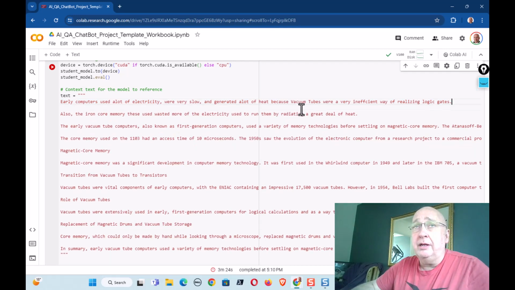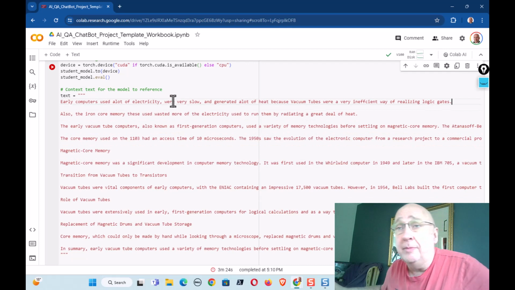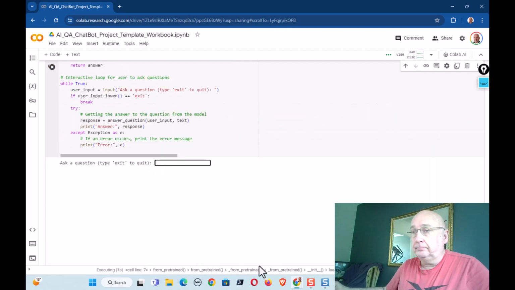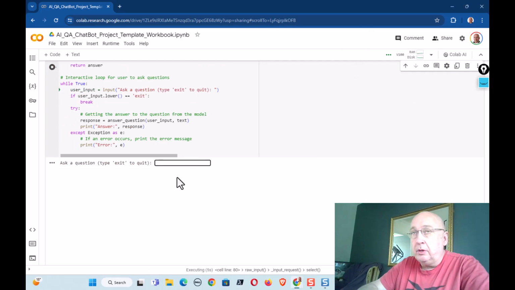Let's get rid of that, and we don't have to save it because it's on the web, and let's start it again. So start. Why were early computers very slow?